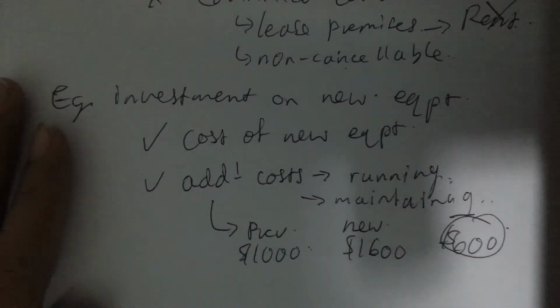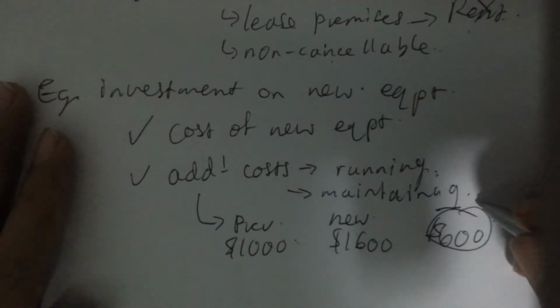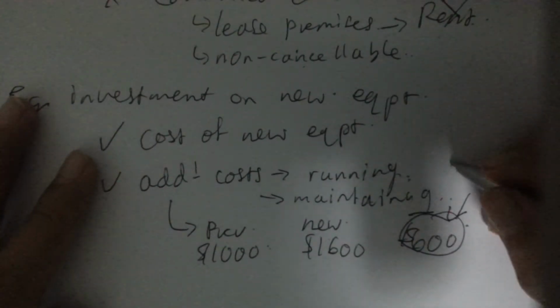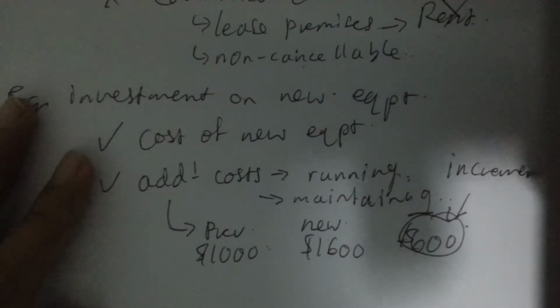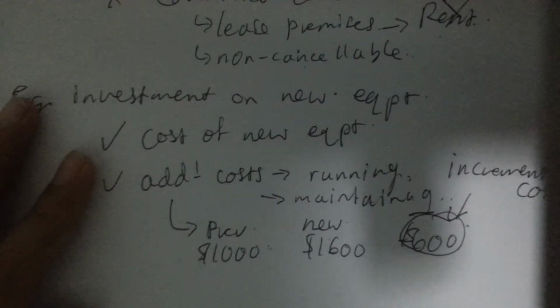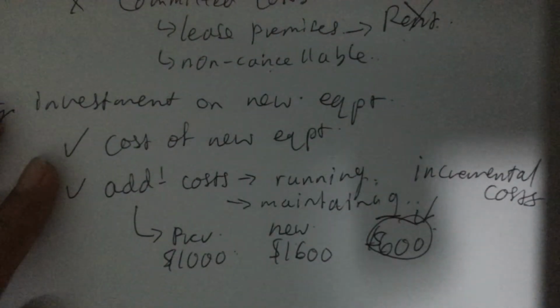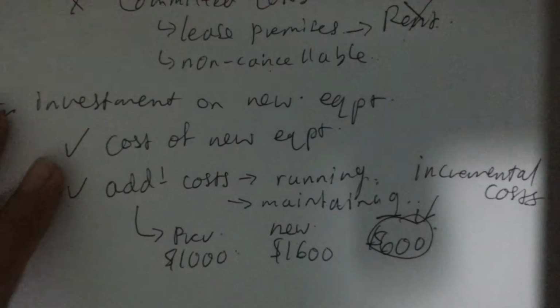Right? So relevant costs can only include incremental costs. Okay, that's very important. Got it?